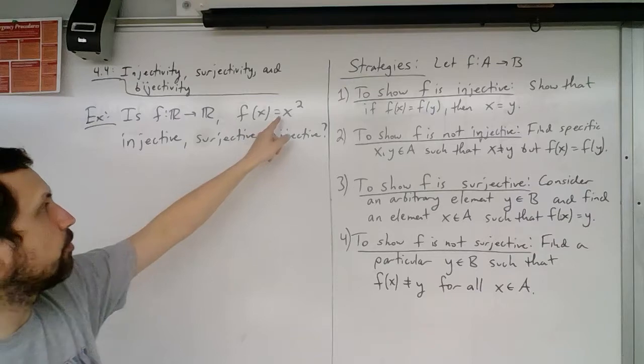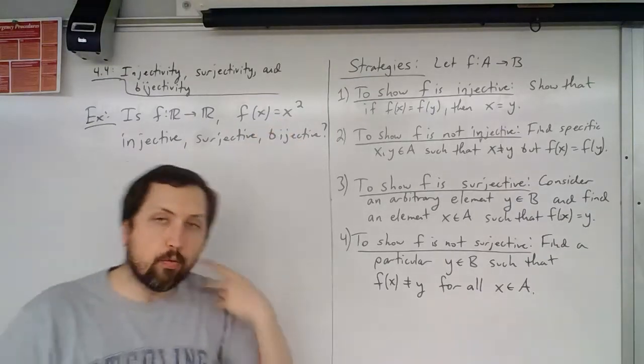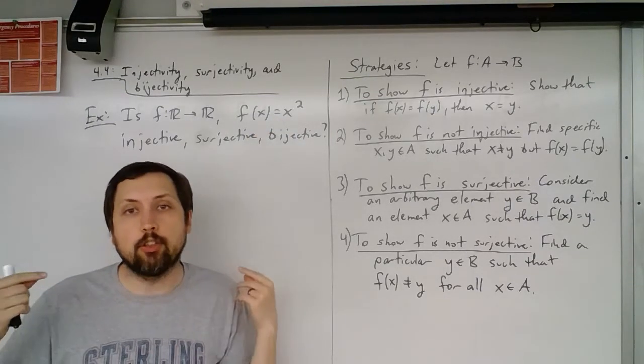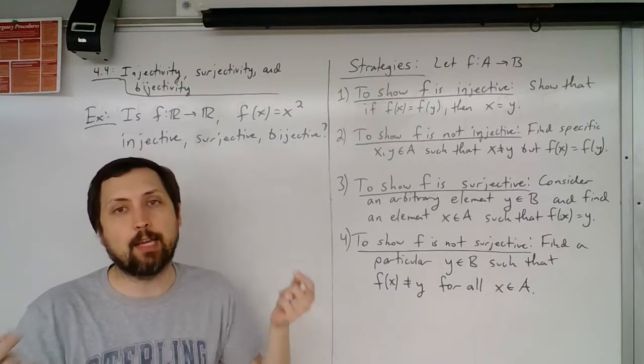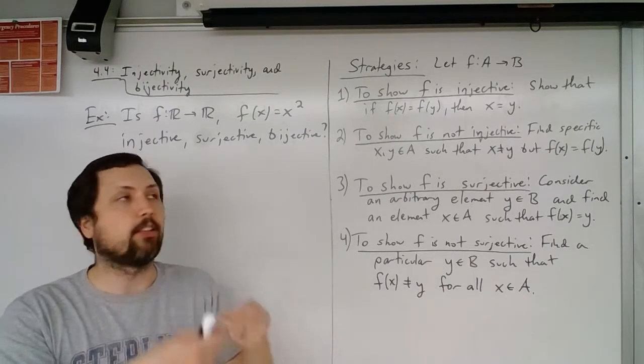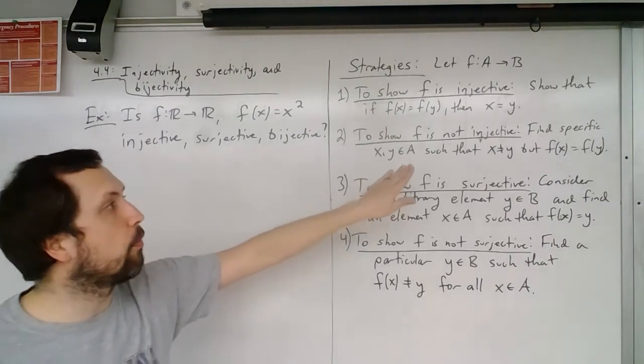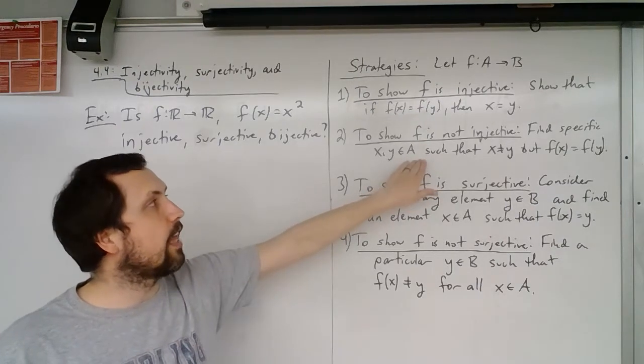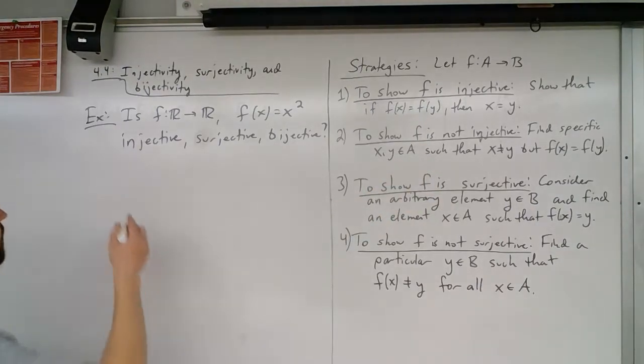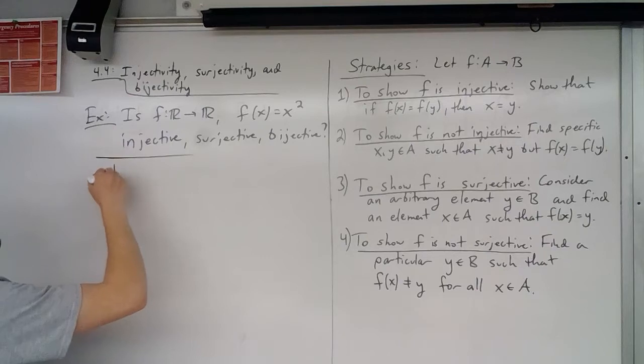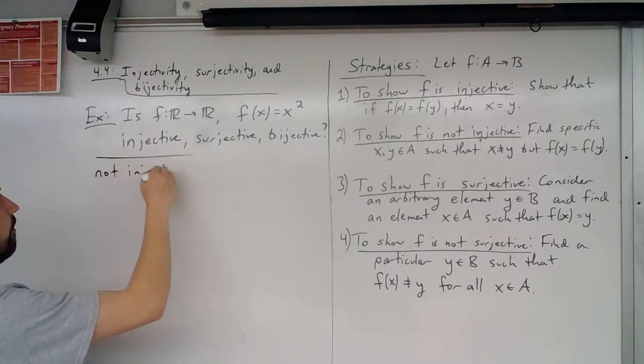So think about x squared. Hopefully your intuition is that there are numbers that give me the same value when I square them, right? So this is going to be a nice example where we find an example to show that it is not injective.